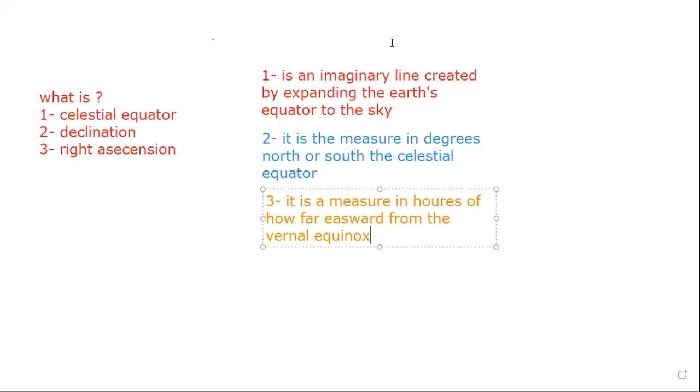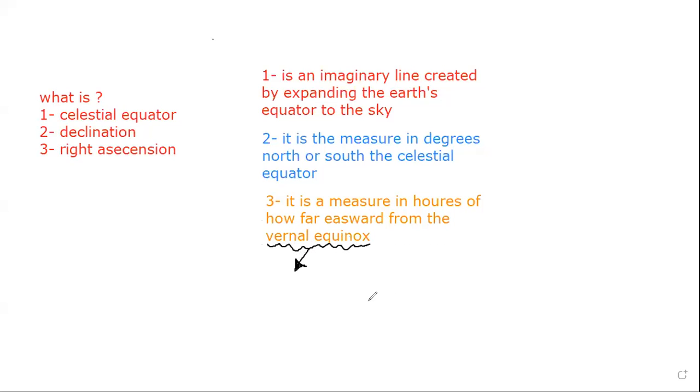Anyone have an answer? What does that term mean? Anyone know? Yes, Hanahani, do you know? Hana Yasser. It's the center point of the right ascension. Right, it's considered to be the zero point, or the center point, of the right ascension. Very good.